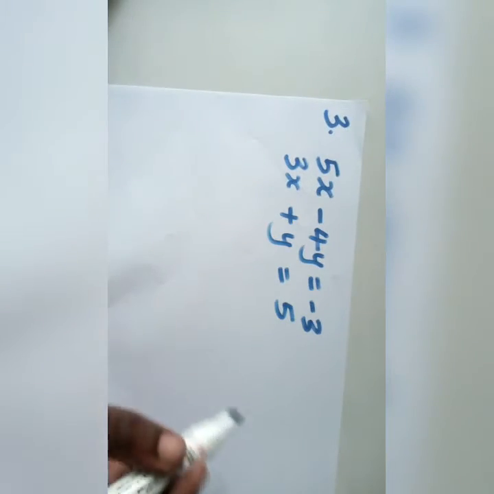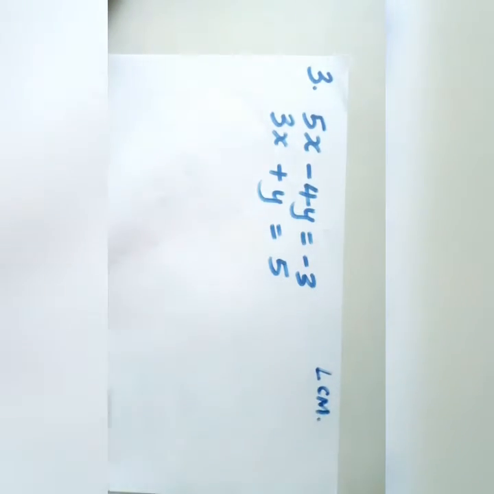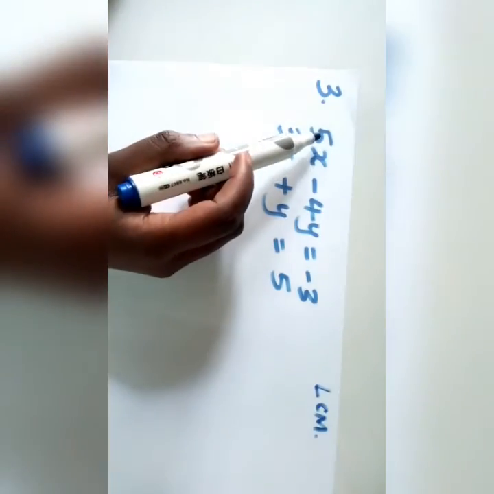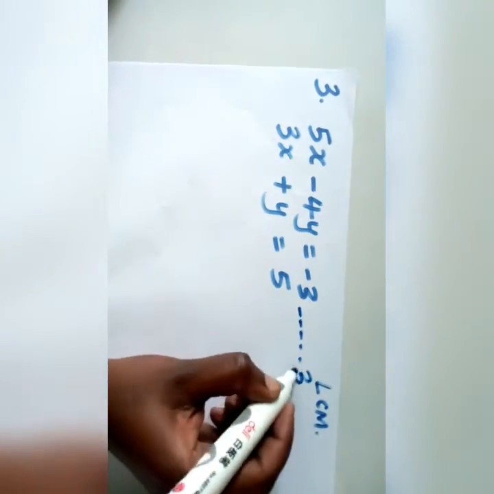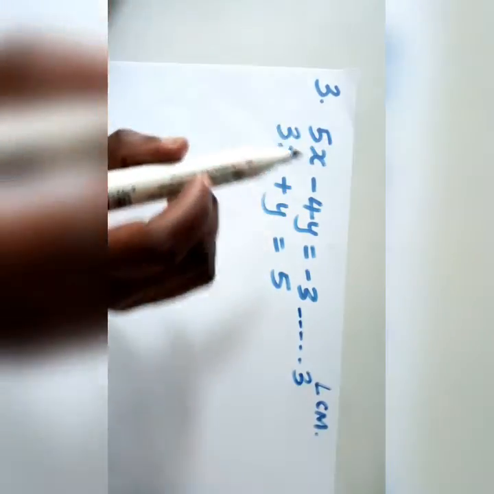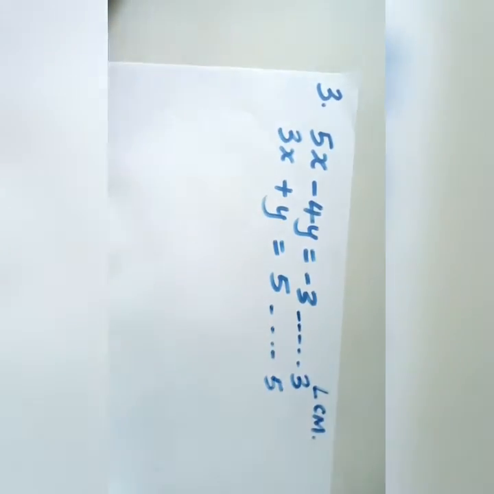So in this case we need to find the LCM. So we can make 5 and 3 the same. And how can we do that? I can multiply 5 with 3 to make it 15, and then we can multiply 3 with 5 to make it 15.